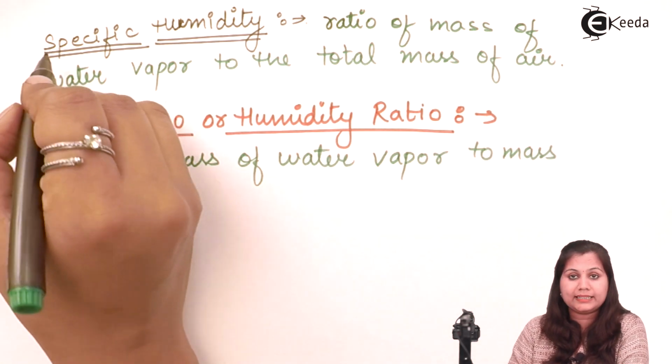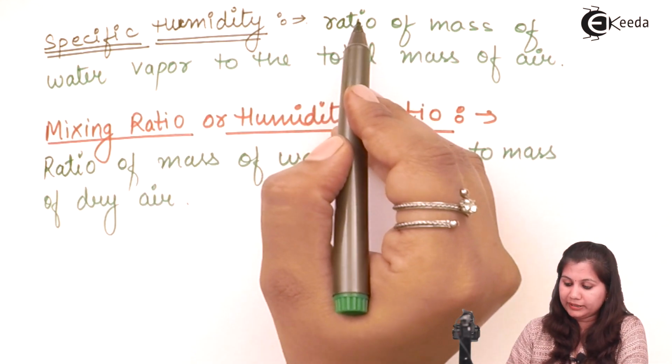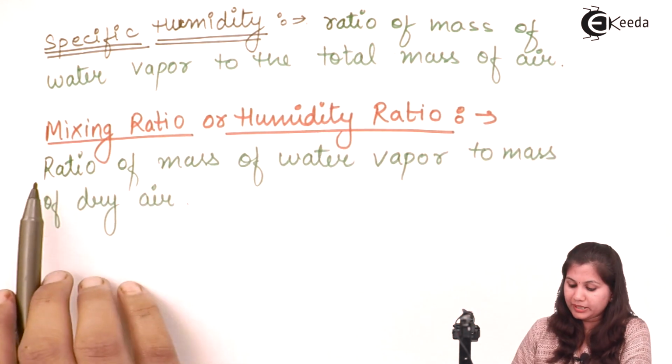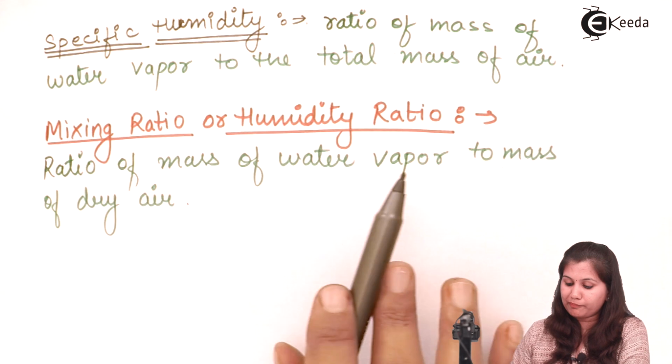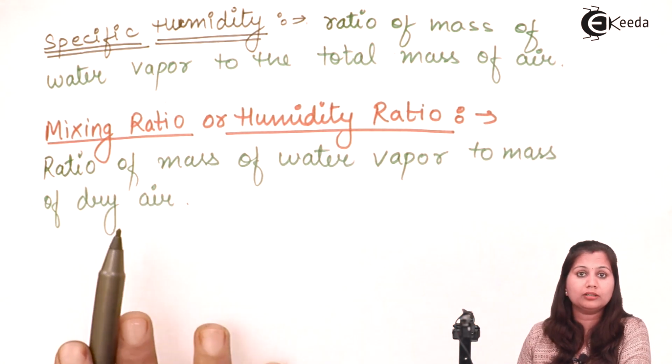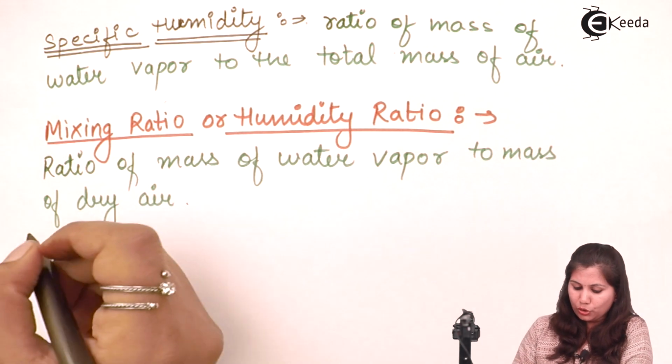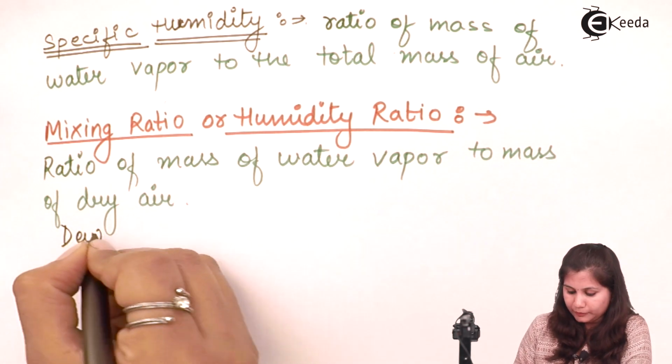So you can see that in specific humidity we are finding the ratio of the mass of water vapor to the total mass of air. But here the mixing ratio is the ratio of the mass of water vapor to the mass of the dry air. Okay. Now there is a last term, which is called the dew point temperature.